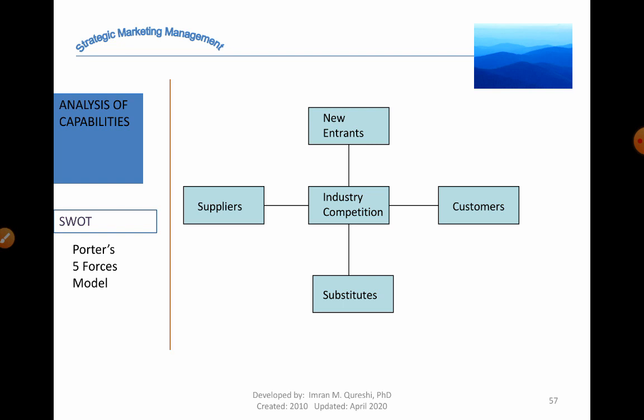Similarly, new entrants. If a company has better control over new entrants, it can have it in terms of its own market size, market share. It has erected barriers to entry in terms of the cost of business, barriers to entry in terms of customer loyalty, or other barriers, and it can control the new entrants that are coming in.